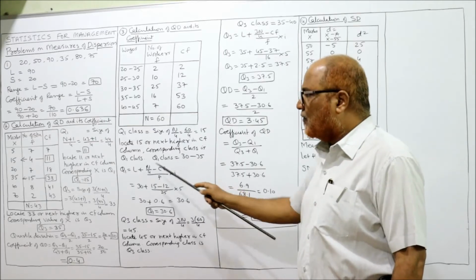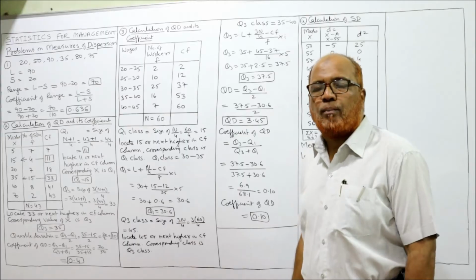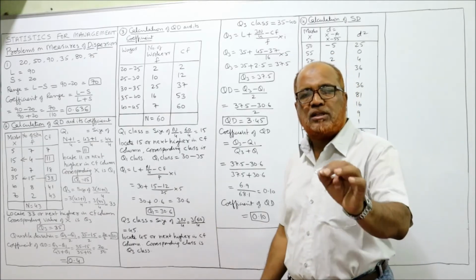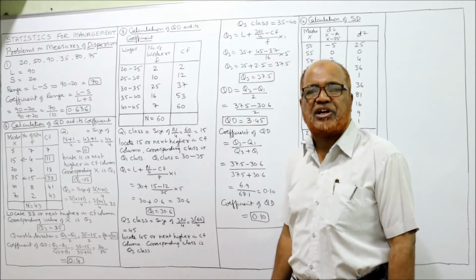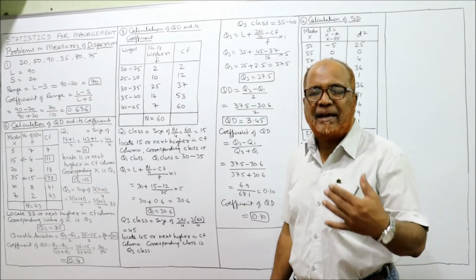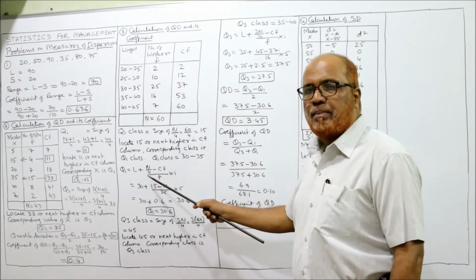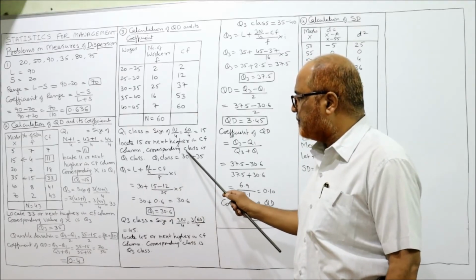Now formula for Q1: L plus n by 4 minus CF by f into i. All these formulas we have completed in the last video, measure of central tendency, on how to calculate the median and quartiles. L stands for lower limit. What is the lower limit here? 30.